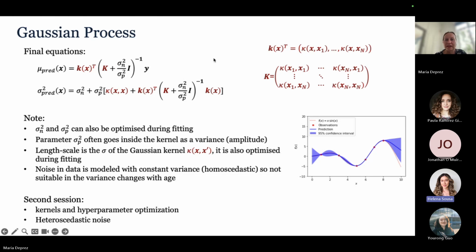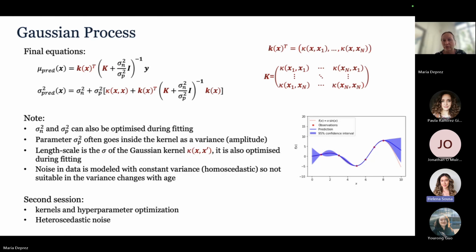What is different is that my kernel doesn't have amplitude in it, and this sigma_p is in fact the amplitude. I didn't really change it, but you can imagine if you put it inside the brackets, you will have the kernel times this amplitude, and if you put it here as well, it rearranges so you can see it's the same thing.